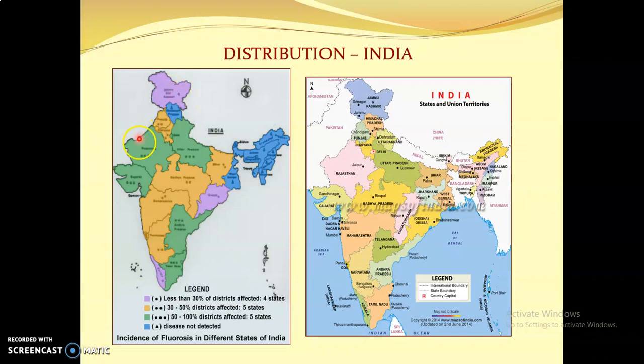And among them, Rajasthan is a state which has all the districts affected with fluorosis. When you talk about Kerala, there are fluorosis endemic areas in Kerala as well. We'll be discussing that later on. Those shown in violet have less than 30 to 50%, less than 30% of the districts affected with fluorosis.